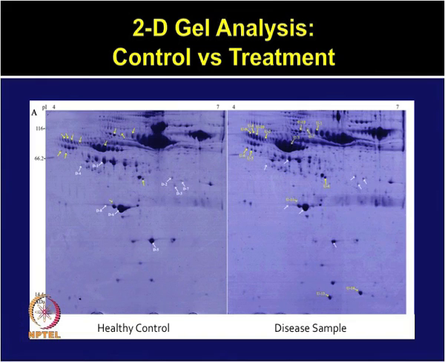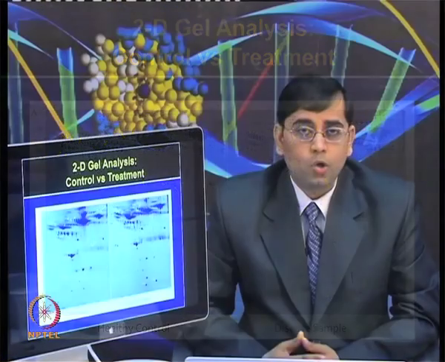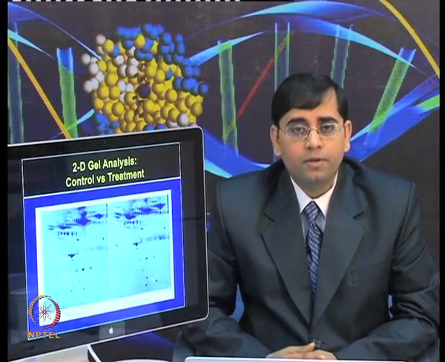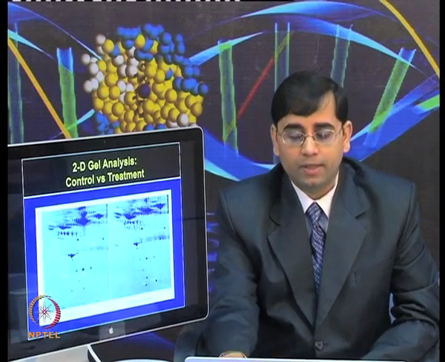One can look at different healthy controls and different disease samples to see what is happening to each spot and whether there is statistical significance for their overall change. If it is going up or going down, is that uniform in all the gels and how significant is that. All of this analysis can be performed by using different softwares.